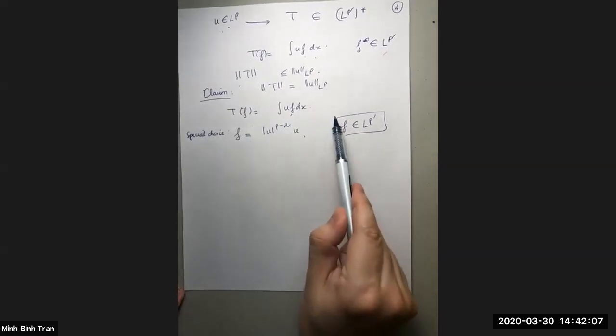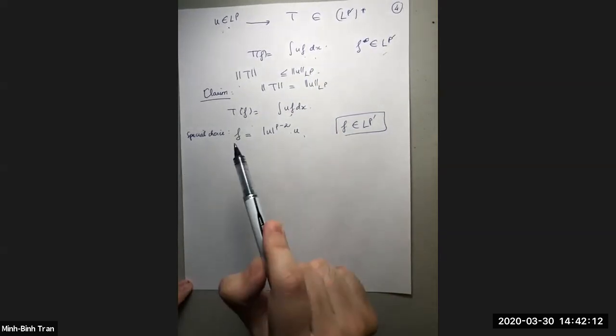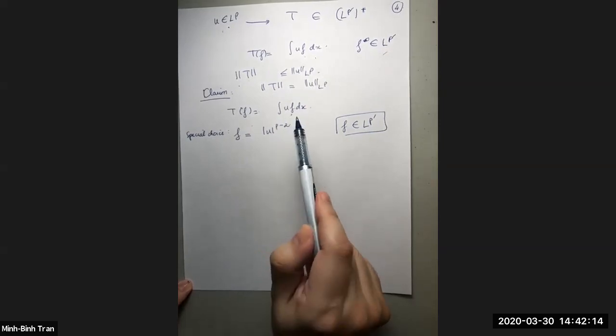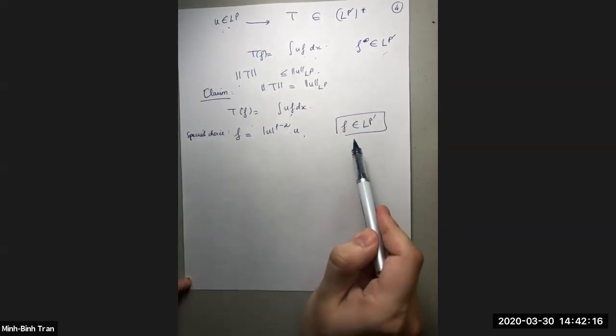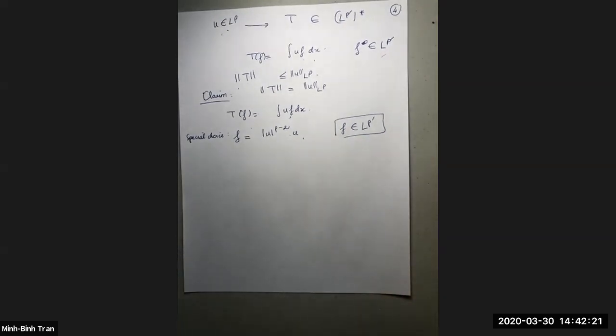I consider again this mapping. I'm going to choose a special function, which is |u|^(p-2) times u. So my claim is that this f will be in L^p'. So who sees why this f is in L^p'? Why is this f in L^p'?